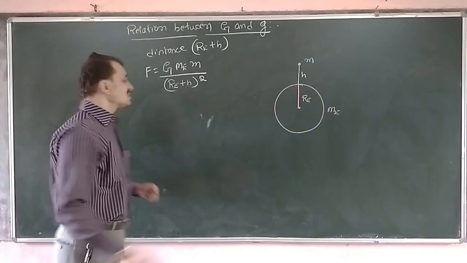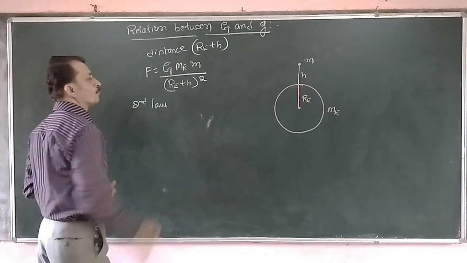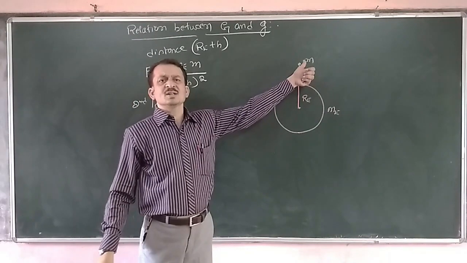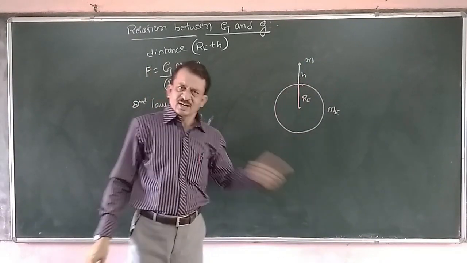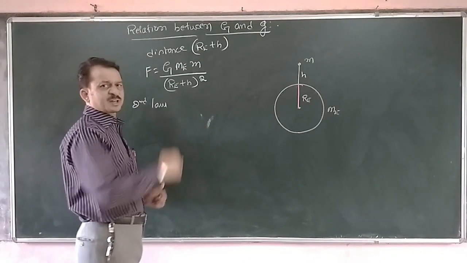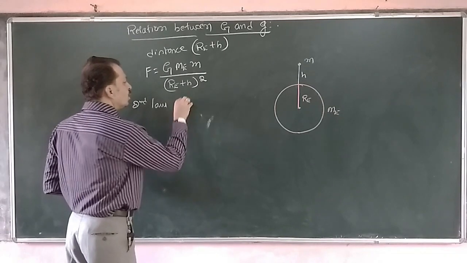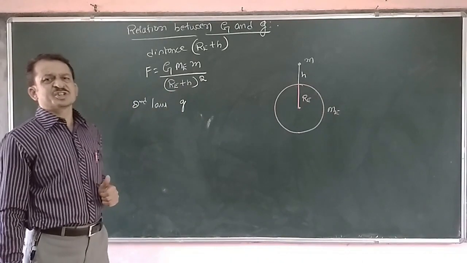Now according to Newton's second law, this point mass is attracted towards the earth. It is moving towards the earth because of the gravitational pull. It is falling down with a constant acceleration.